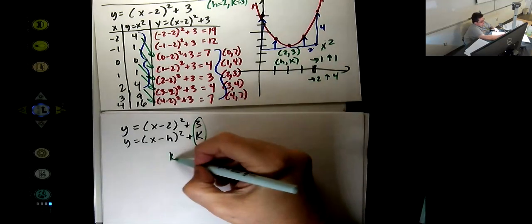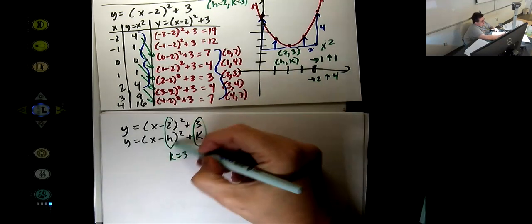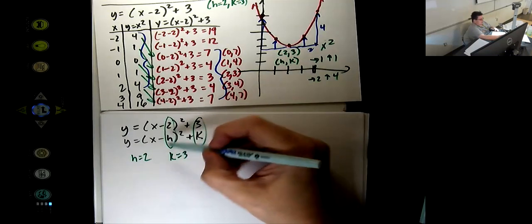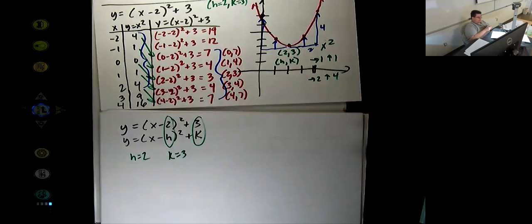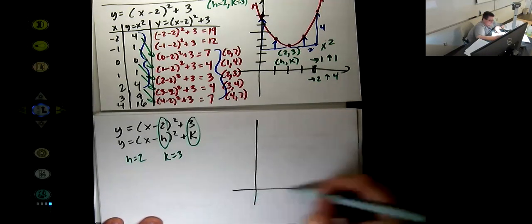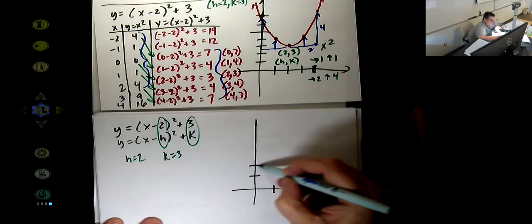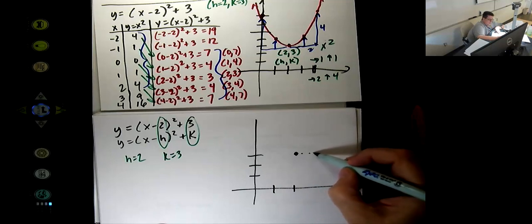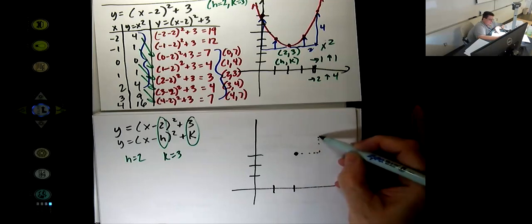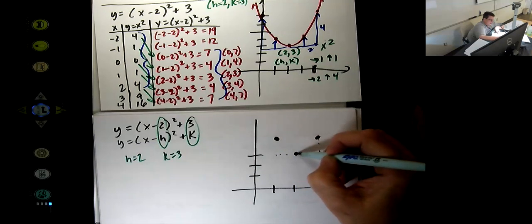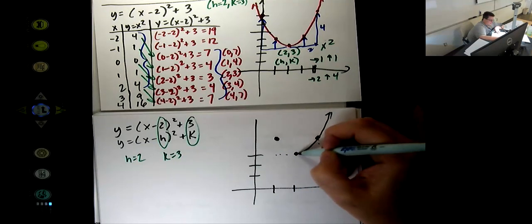K equals 3. H equals 2. Because the signs match. So the better way of doing it is rather than starting at the origin, go over to 2, 3 and do your right 1, up 1 there. Left 1, up 1 there. And draw your parabola from there.